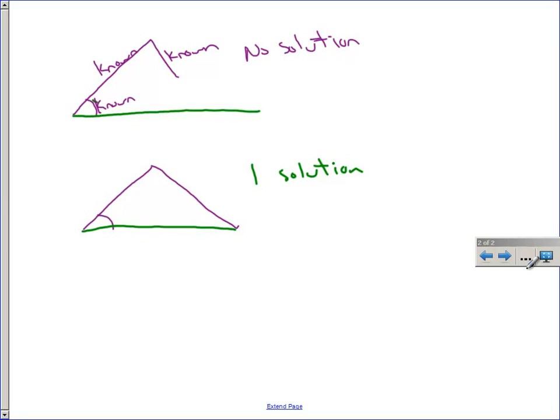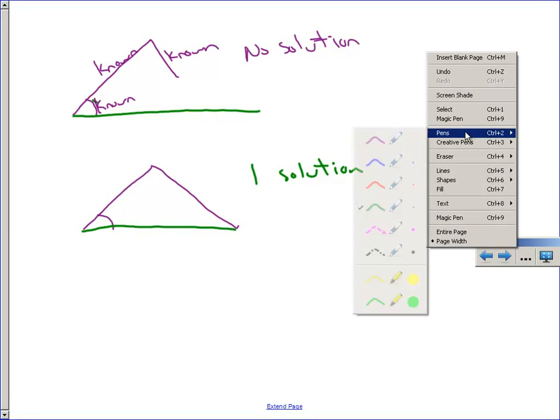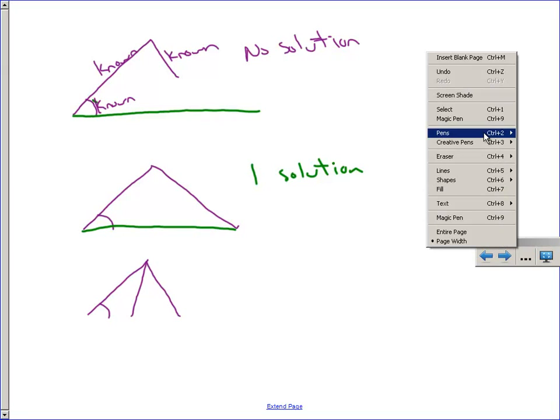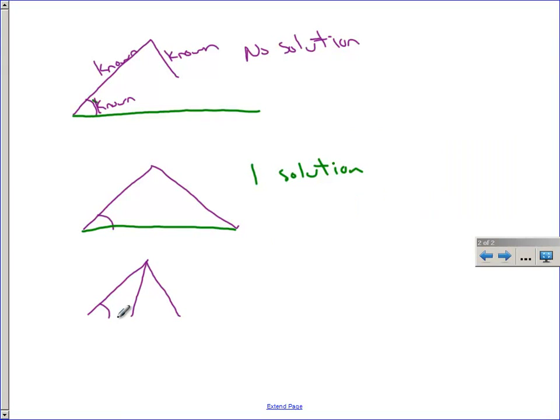But also it happens that you could have a known side length, a known angle, and you could have a third side length that was about this long, that could also be drawn back this way to complete the triangle. So let me draw that.